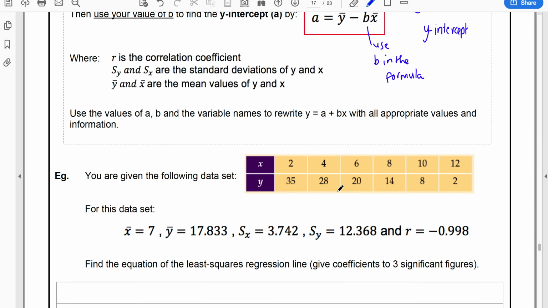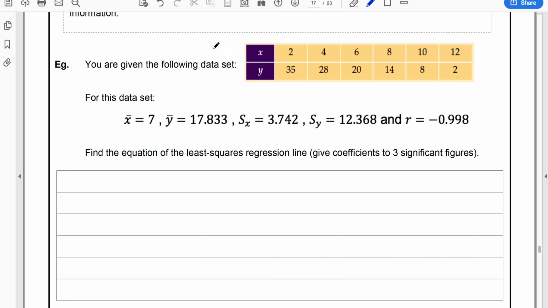Let's have a look at how it works. We've got some data here, and to save you time, I've gone ahead and calculated for you the mean of X, the mean of Y, the standard deviation (STDev) of X, the standard deviation of Y, and also Pearson's correlation coefficient, R. These have been rounded off to a certain number of digits just to keep as much accuracy as we can, but obviously I couldn't give you thousands of digits on the page.